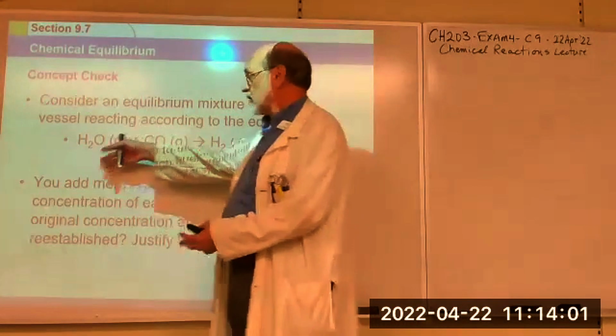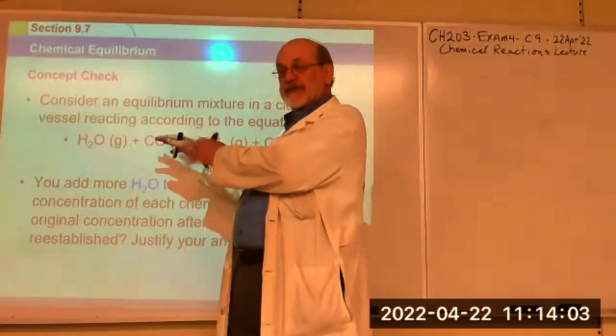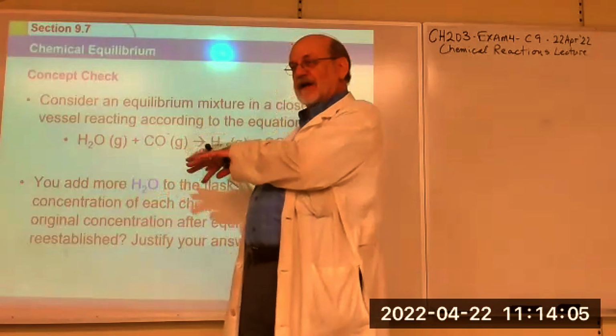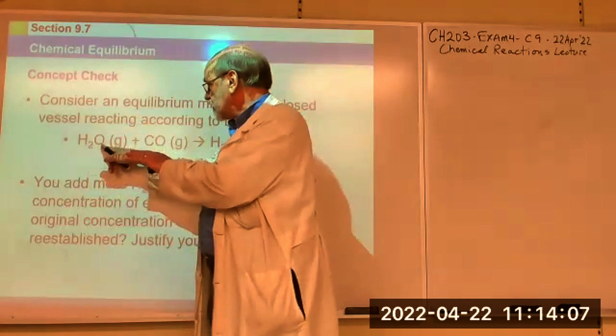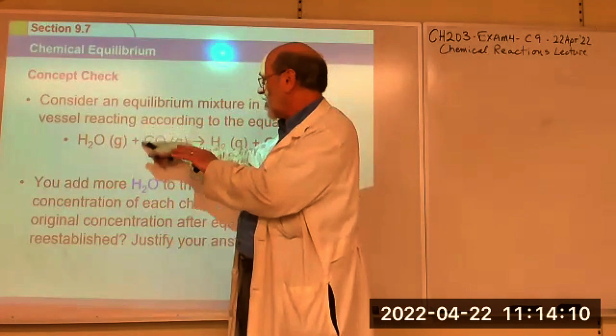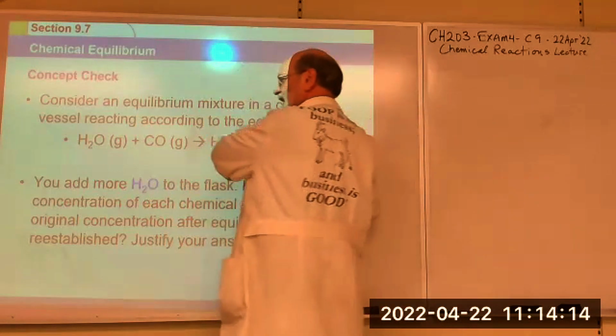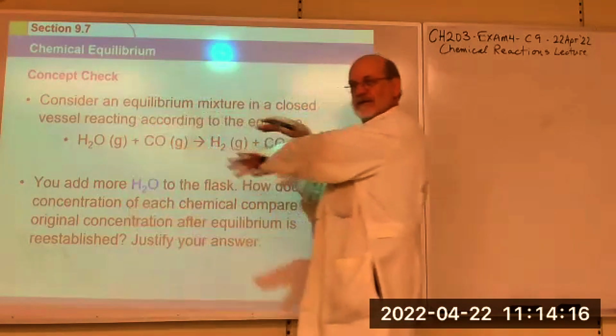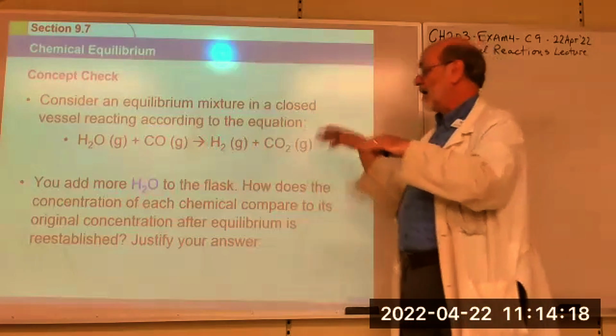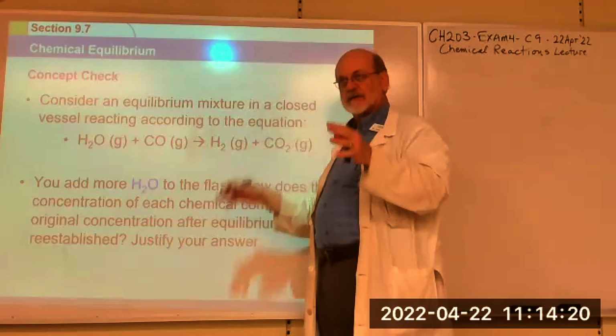Well, now you have more water to react with any carbon monoxide that's left, right? So you're going to get some of that water consumed and some of the remaining carbon monoxide consumed and make more of these until the balance is reestablished. And you get the rates, once again, are forward, reverse, equal rates.